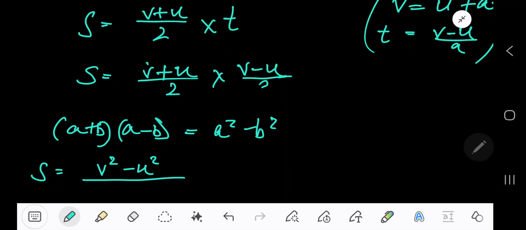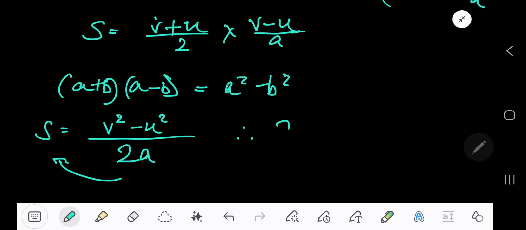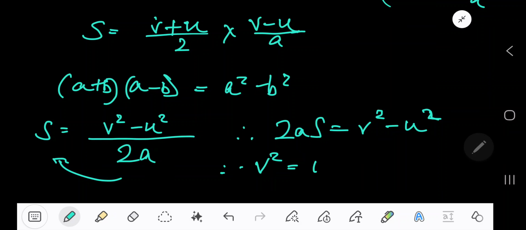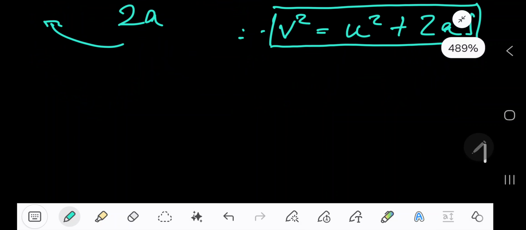That's my bad. So this over 2a. When you transpose 2a here, we'll get 2as equals v square minus u square. And using some algebraic properties, we get the final equation v square equals u square plus 2as. And that's how you derive the third equation.